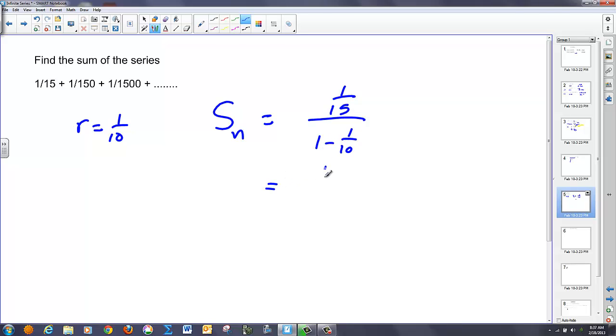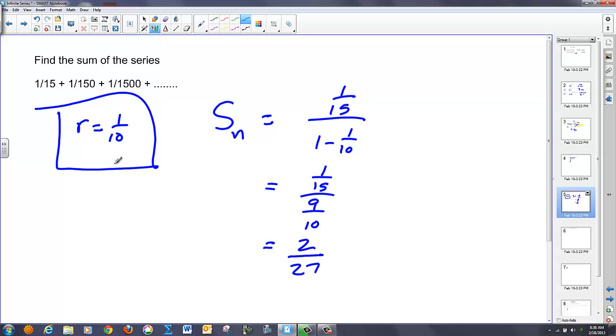So in that case, I have a 15th over 9/10. And then we just multiply that on our calculator, and we find that we get a sum of about 2/27. And again, we can do this because my ratio in absolute value was less than 1.